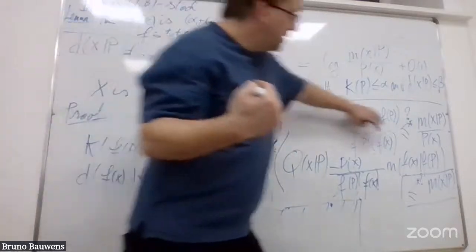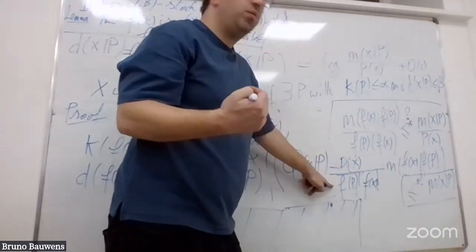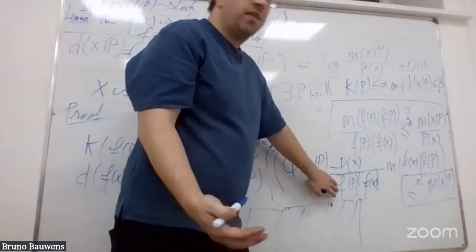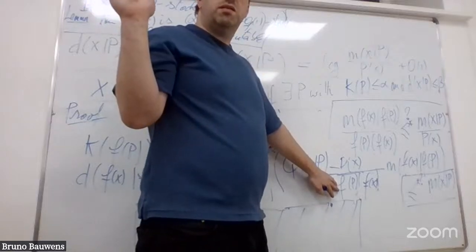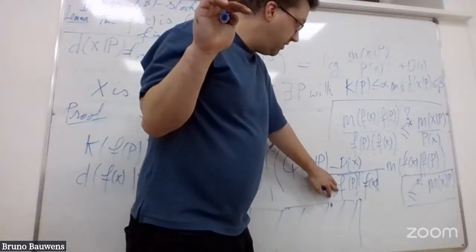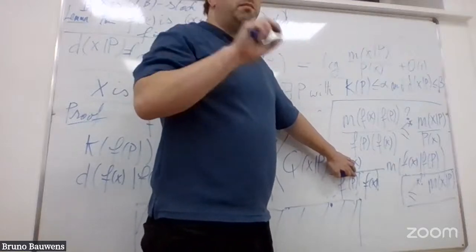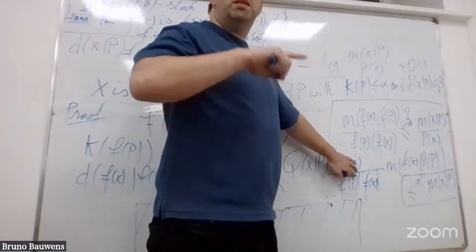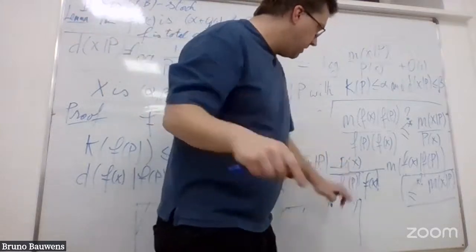Why? Because this m is Lower semi-computable and this ratio is computable. And here it's important that we use that f is a total computable function. So it's defined on all the arguments. And we also need that p has finite support, so it's defined only for finitely many strings, and is rational and so on.